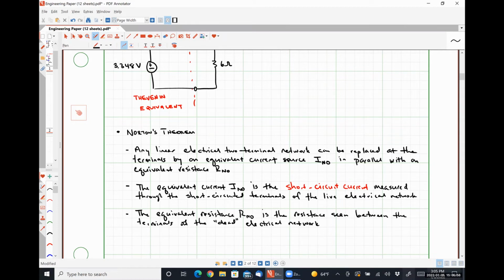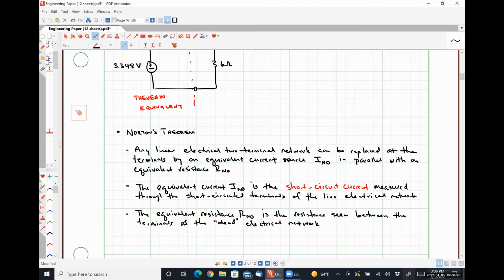They are both determined in the exact same way. You look in through the terminals of a dead network and see what resistance you see. So I am probably no longer going to use the term R Norton ever again. I'm going to leave everything in terms of R Thevenin because they're identical.